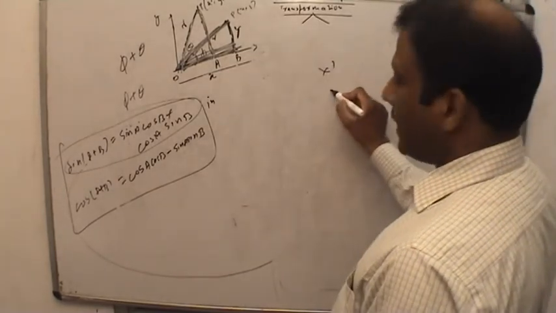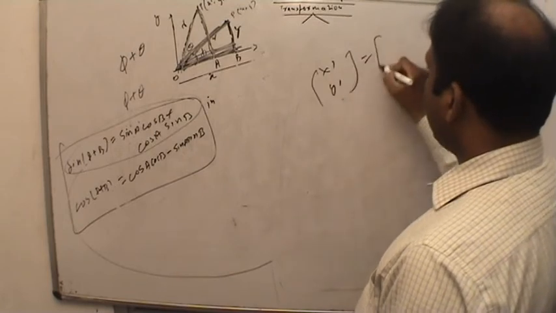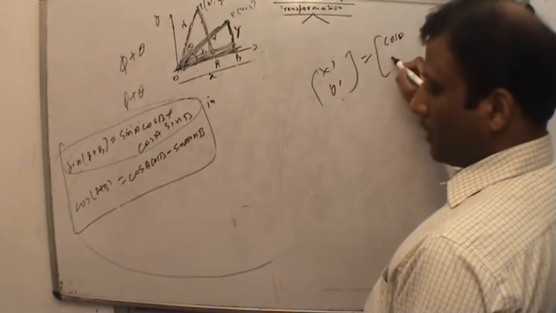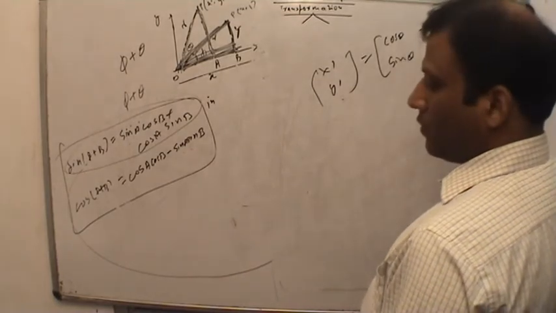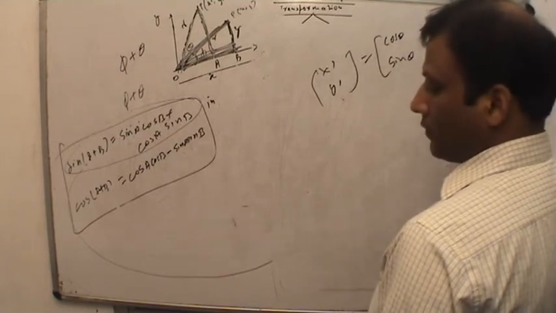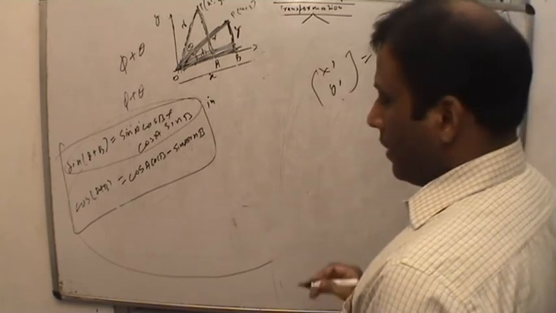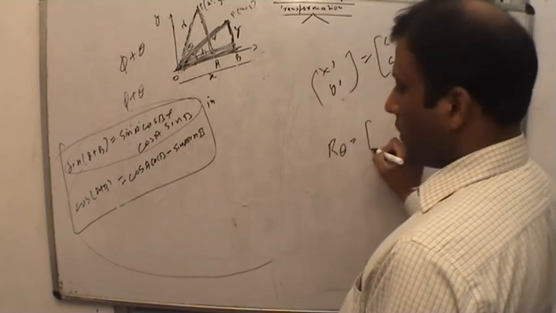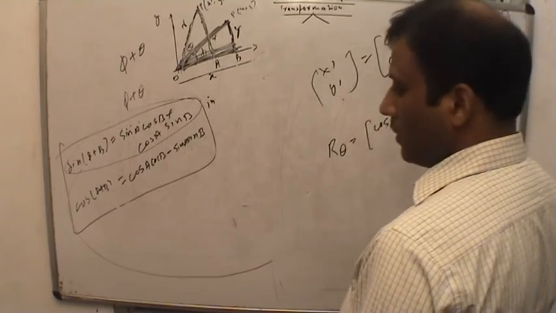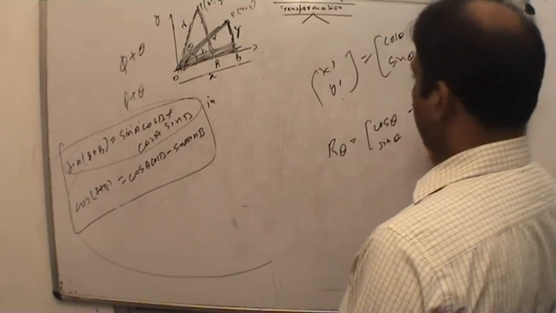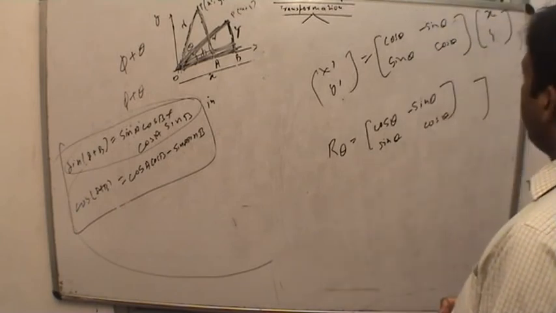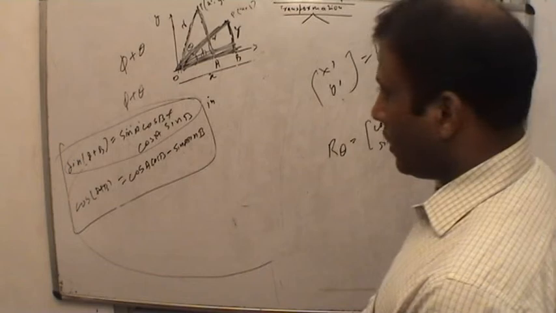To find x dash and y dash, the rotation matrix is cos theta, minus sin theta, sin theta, cos theta, multiplied by x and y. This is the rotation matrix for angle theta.